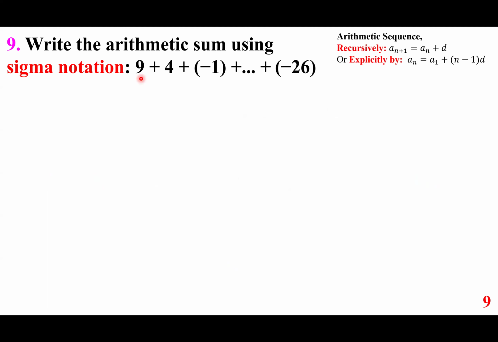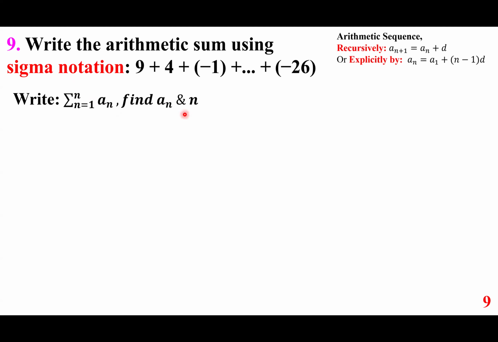Now we want to write the arithmetic sum: 9 plus 4 plus negative 1 all the way to negative 26. I'm reminding you this is the arithmetic sequence. And so, we are going to write the summation of n going from 1 to n, a sub n.